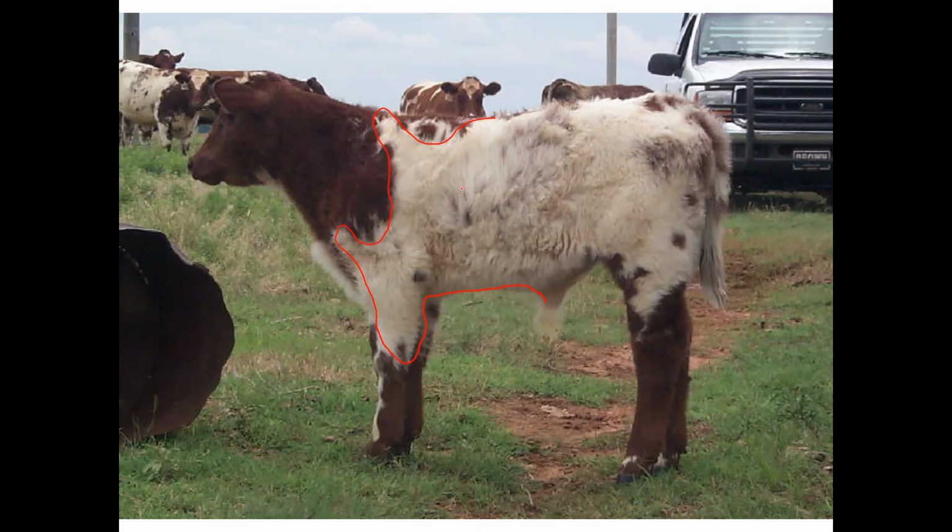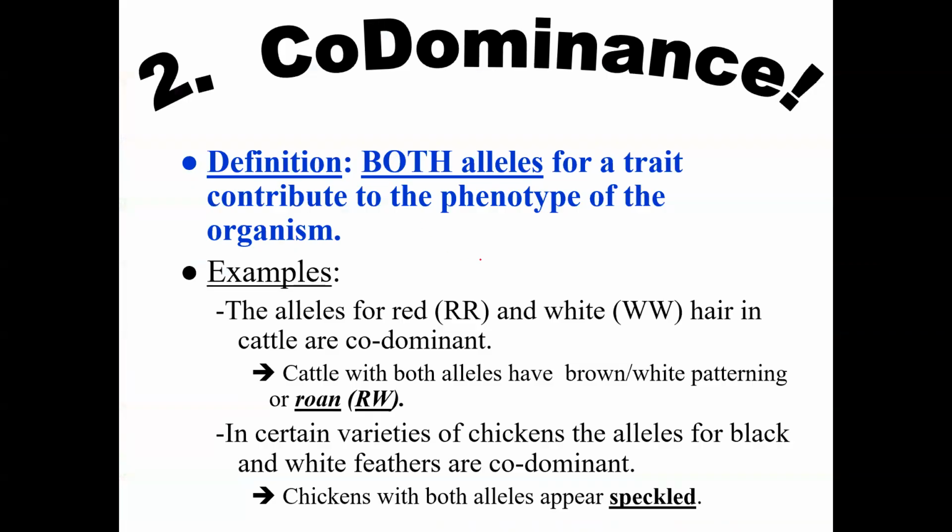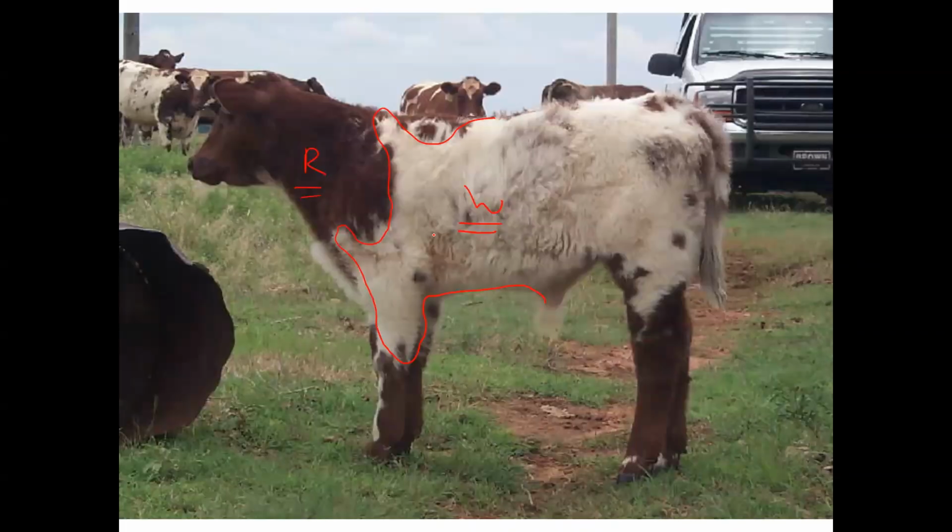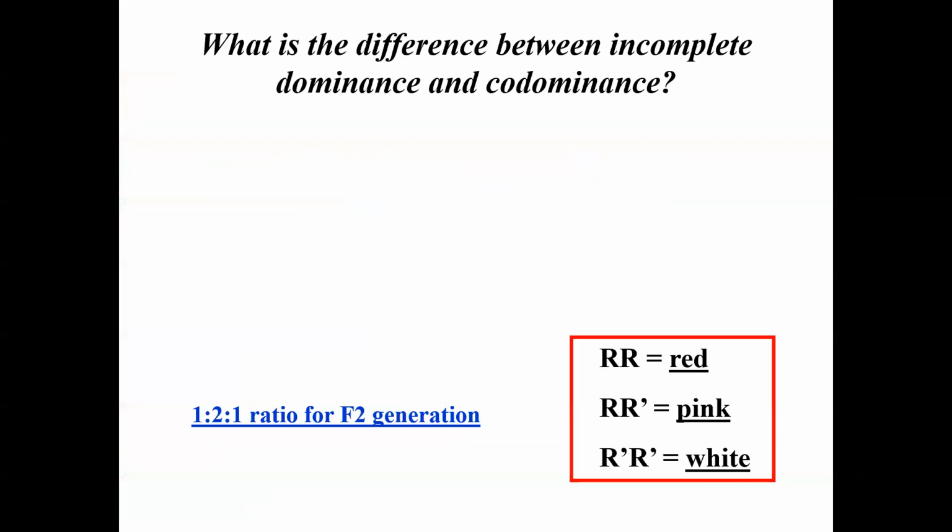So essentially we still have our red, and we also have our white. So both phenotypes have shown up in this animal, okay? Otherwise, red and white should give you pink, right? I've never seen a pink cow in my life, so I don't think it works that way, right?